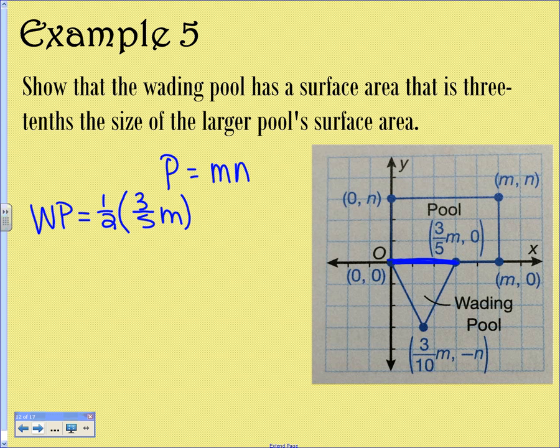Just use n. Why is it a negative n? Because you go down n, right? So what does that equal? So show that the wading pool has a surface area that is 3/10 the size of the larger pool. Did we? That's all your work. Are some of them just showing that little work? Yep. That's it. All right.